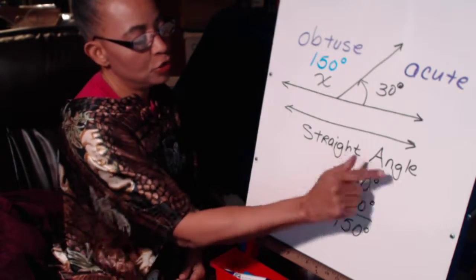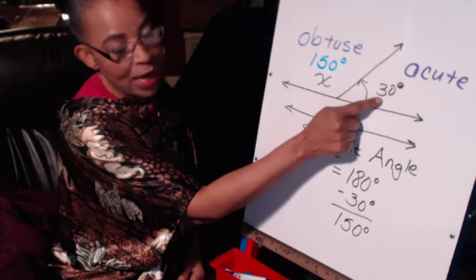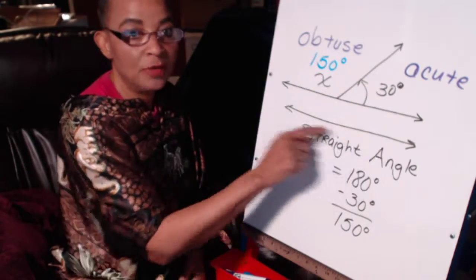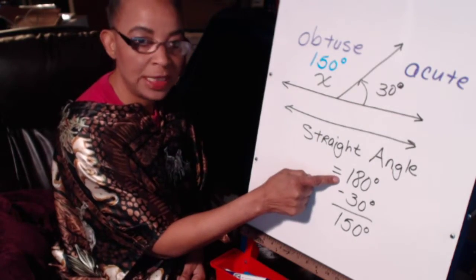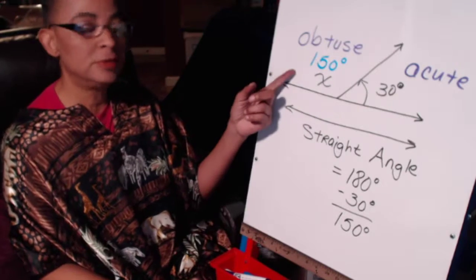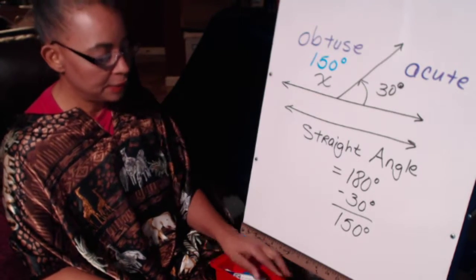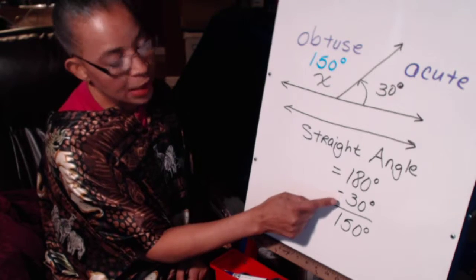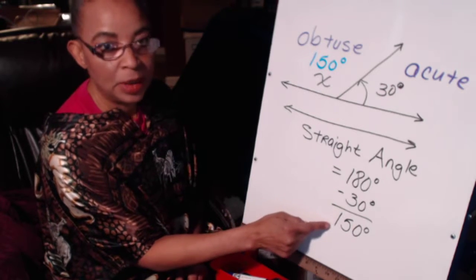If we subtract what we know, which is 30 degrees, from the total measure of the straight angle, which is 180 degrees, that gives us our obtuse angle, the other angle, which is 150 degrees. 180 minus 30 is 150.